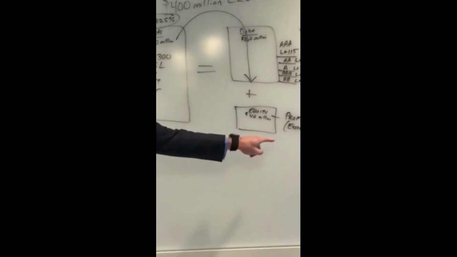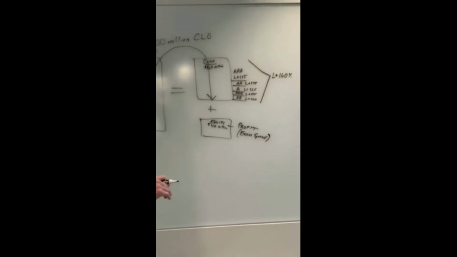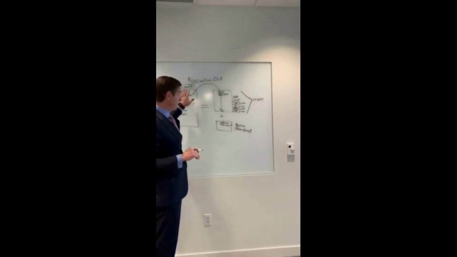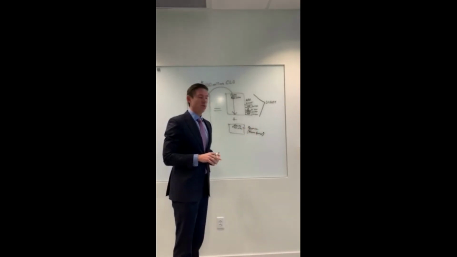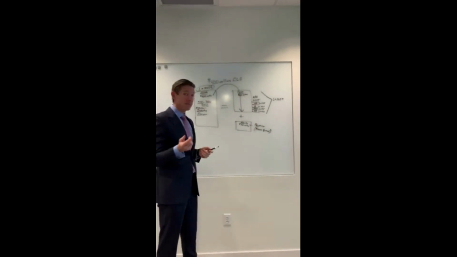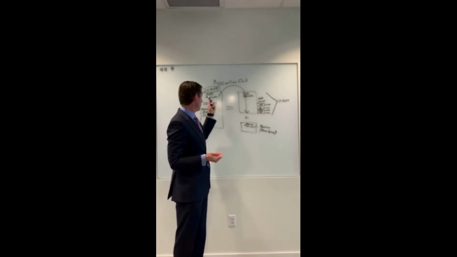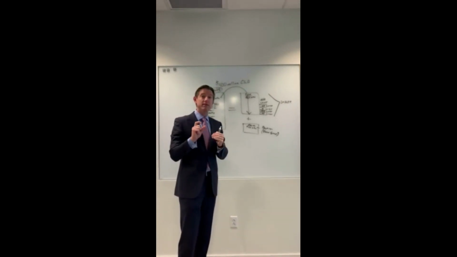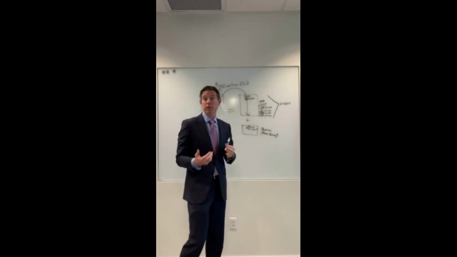And the excess spread, or profit, is the difference between what your assets are generating revenue-wise, what your debt is costing you, and there's your return. Now, remember, it's 40 million getting you 400 million in assets. There's a 10 times multiplier effect to this spread, which is very important.